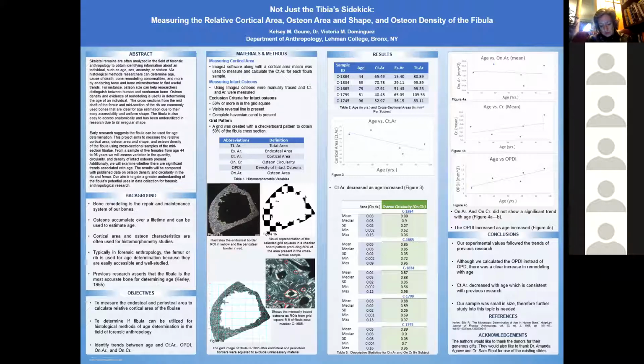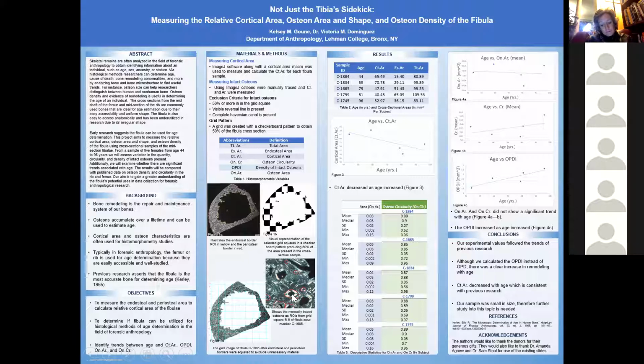As we age, osteons accumulate. Because of this accumulation, we are able to use it in age determination using skeletal remains. Similar to a tree building rings, our bodies also build rings in the form of osteons from bone remodeling.